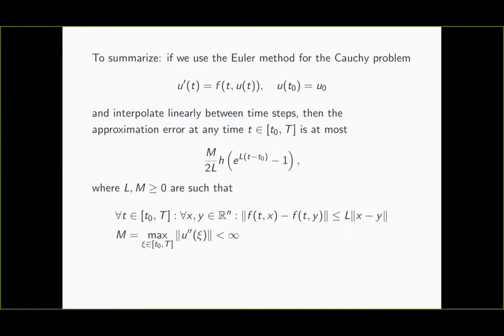Then as we've seen so far, the approximation error at any time t between t_0 and T within the time interval is at most m over 2L times h times (the exponential of L times (t minus t_0) minus 1), where the two constants L and m are just as I described previously.